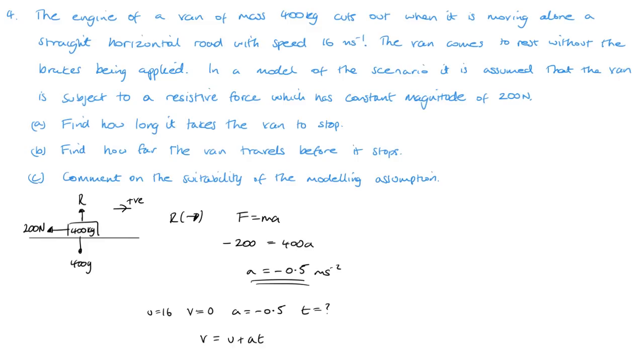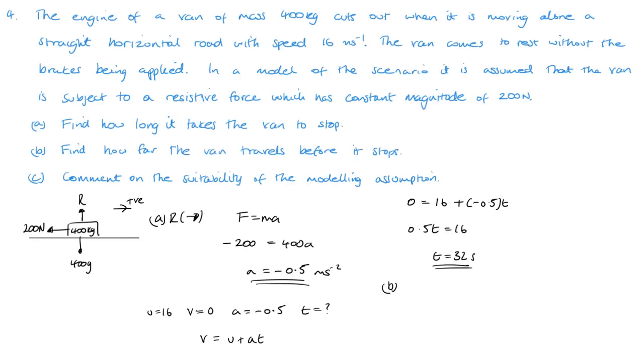So carrying on up here, we've got V is 0, 16 plus minus 0.5 times T. So a half T equals 16, T equals 32 seconds. And that was all for A.